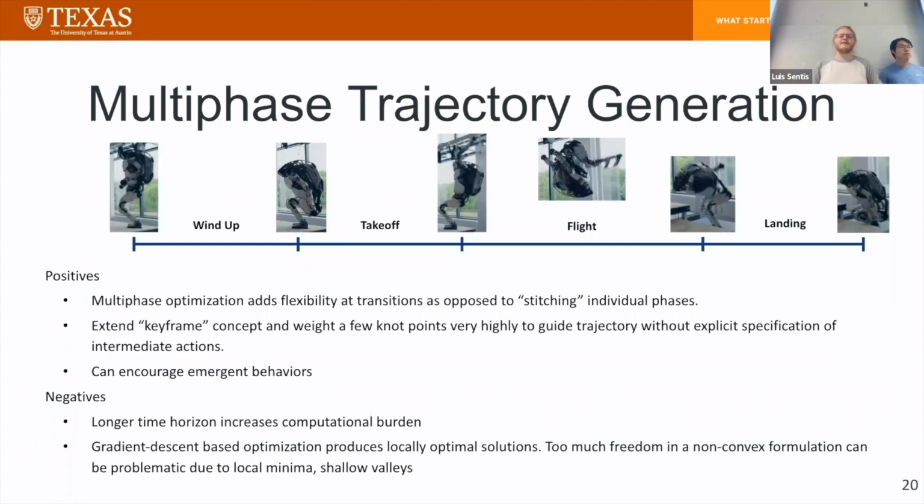Another thing, so we'll talk about the optimization methods in a second, but typical gradient-based optimization produces locally optimal solutions. Getting a globally optimal solution to a nonlinear problem, a non-convex problem, is significantly harder. It takes a lot longer. So if you actually give it too much freedom in this non-convex formulation, it doesn't converge or it takes forever, and it's very problematic.